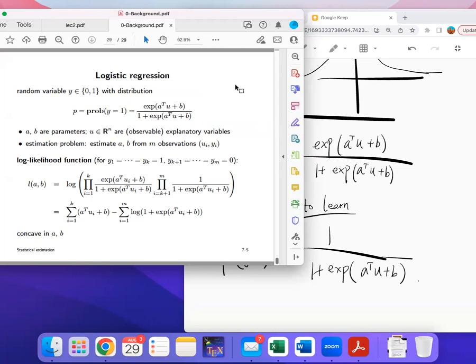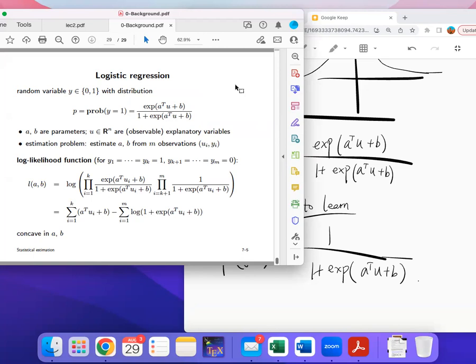Okay. So you see, this is binary classification, and you can extend it to multi-class classification. This is one extension.